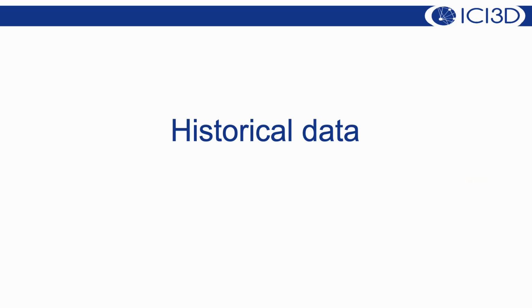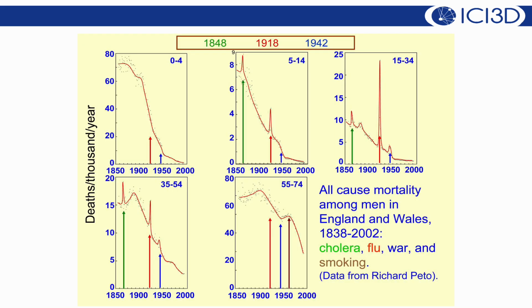Let's now fast forward to the 20th century and look at some historical data. What you've got here is a set of 5 graphs, and each one has an x-axis, the time axis going from 1850 to the year 2000.